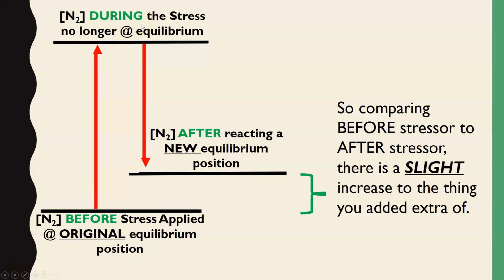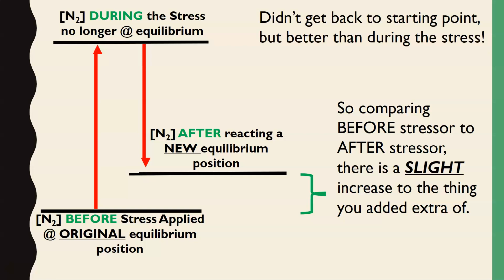The reaction tried to use some of that up. It got to a new place where, okay, we're not all the way where we began, but better than we were, okay? So it's really important that whatever your stressor is, whichever thing you've done to stress out your reaction, you have to understand that you're not going to make it all the way back to your beginning point.